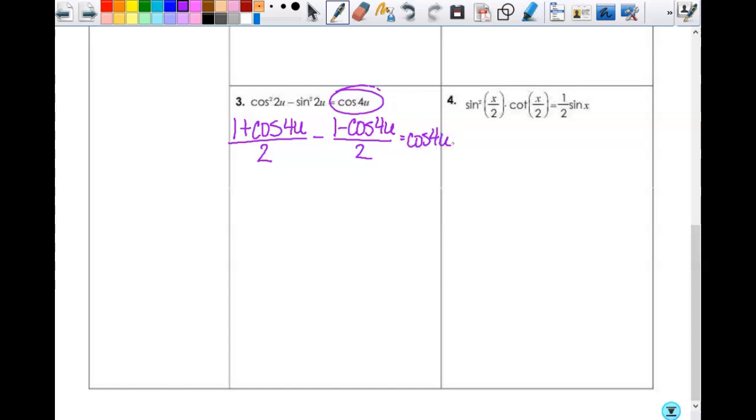So then I know when I combine my 2 fractions on the left, my denominator is 2. What would the numerator be? No, because I'm not multiplying.